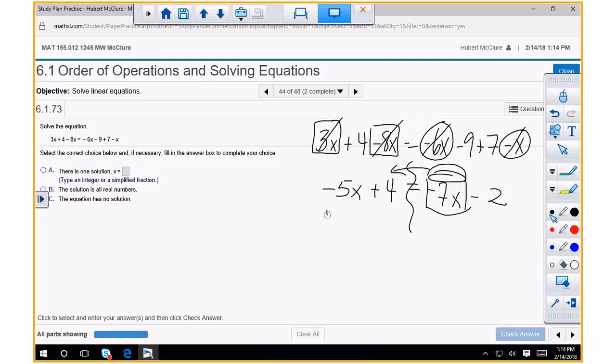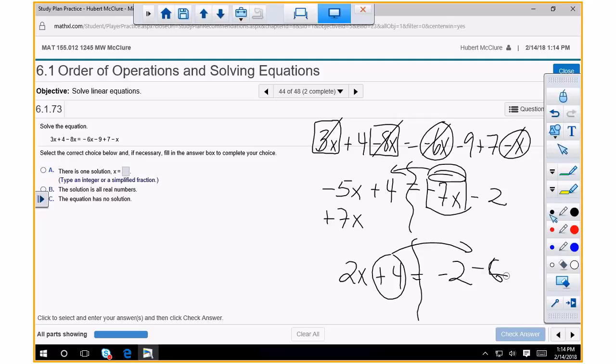That's going to give you a 2x plus 4 is equal to negative 2. Take that 4 across the river, and that becomes 2x is equal to negative 6.